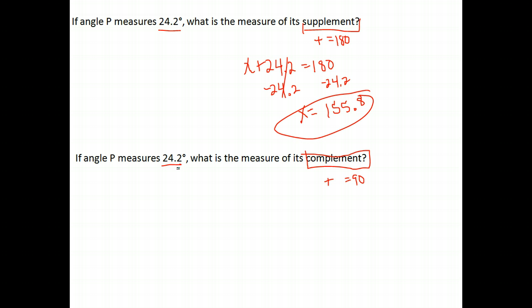Now let's try and find the complement. So again, complementary are two angles that add to be 90. So we're saying some angle plus this 24.2 degree angle, together those are 90 degrees. We want to find out what that angle is, so we take our 24.2 degree angle and we subtract it from 90.